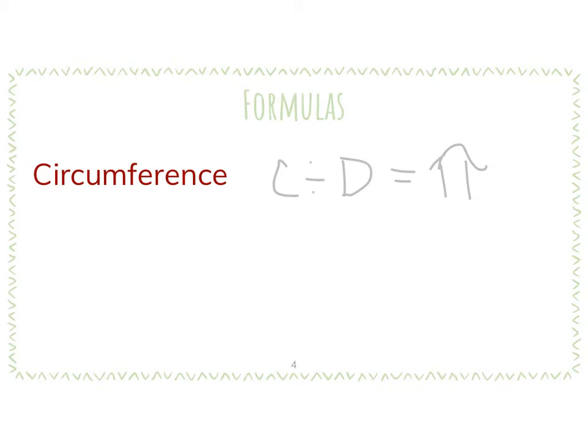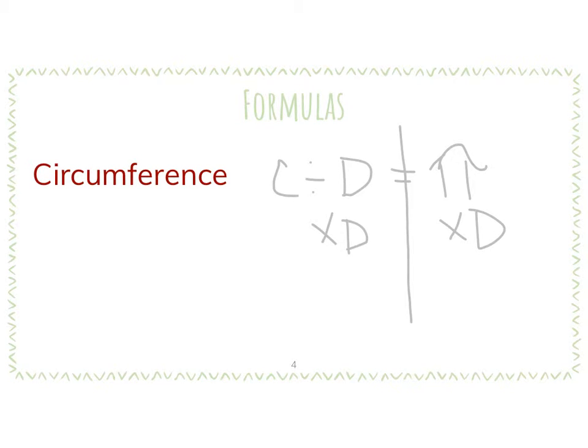What if we know the diameter of the circle, but we don't know the circumference? So what we can do is solve this equation for circumference. I know we don't have any numbers, but we can still do the same thing we've been doing by solving equations. Here it says divide by diameter, so I'm going to multiply by diameter and multiply by diameter.